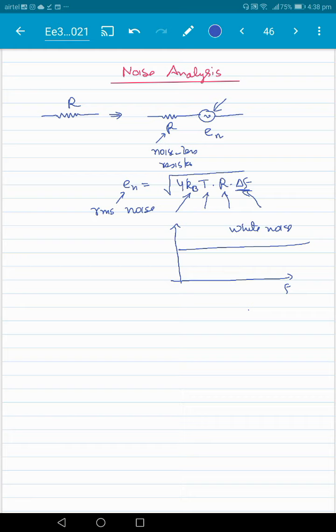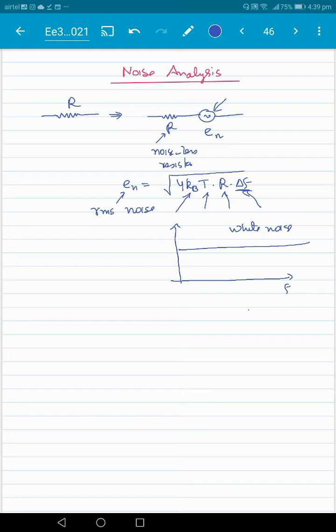That frequency range is often decided by capacitors, since the circuit or the system has limited bandwidth. That ends up defining what delta F is for that particular circuit. We'll look at examples in this discussion. So that's the amount of noise generated by a resistor.